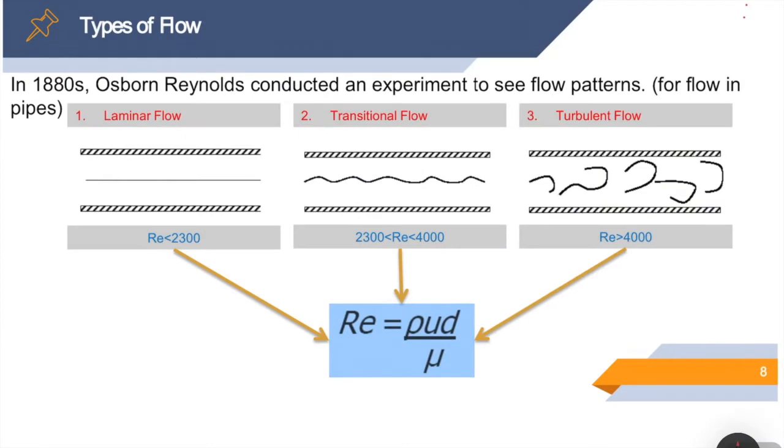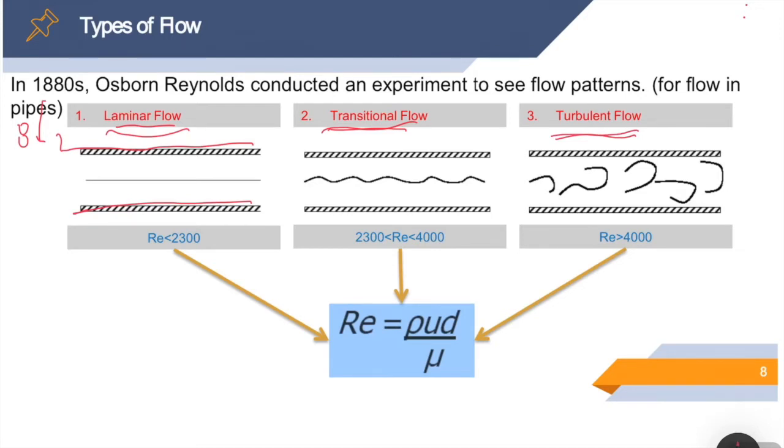We can verify the existence of laminar flow, transition flow and turbulent flow by injecting some dye. If I have a pipe and inject some dye or ink inside, then I can visualize the flow. This is what a British engineer, Osborne Reynolds, did in the 1880s, over 100 years ago, and what he saw was the existence of laminar, transitional and turbulent flow.